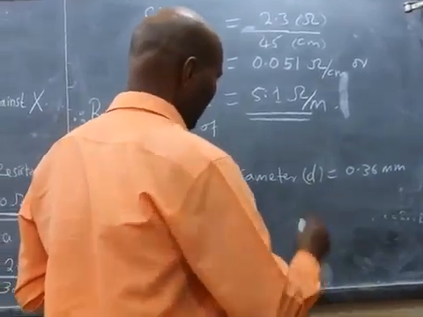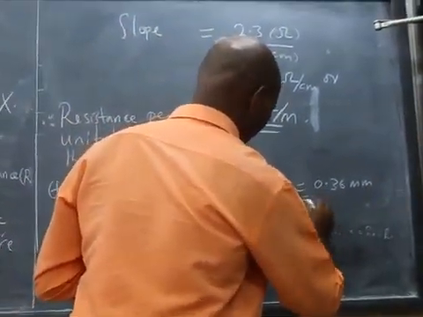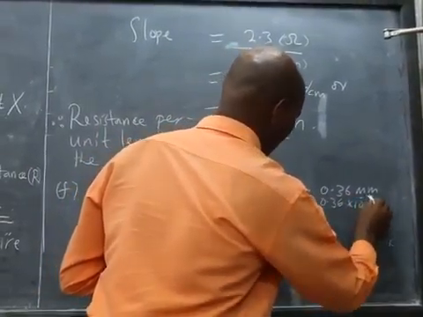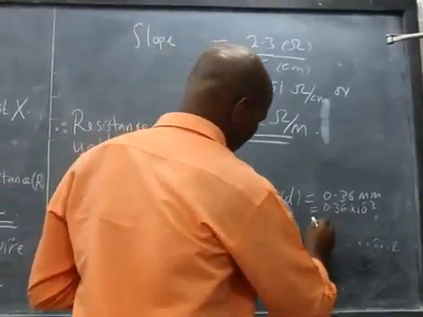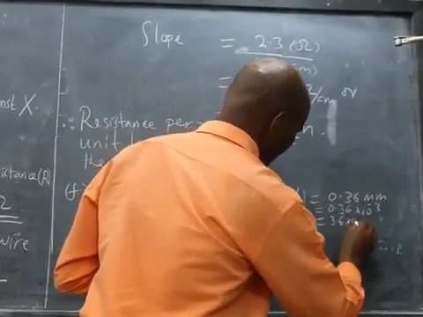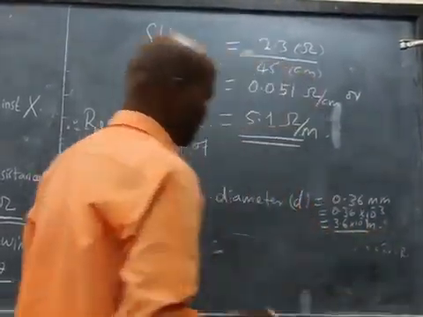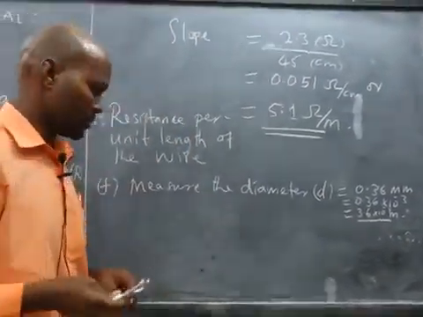So this one you can change into meter by multiplying 0.36 times 10 power minus 3 meter. If you change that one, you get 3.6 times 10 power minus 4 meter. So that is the diameter of wire W.